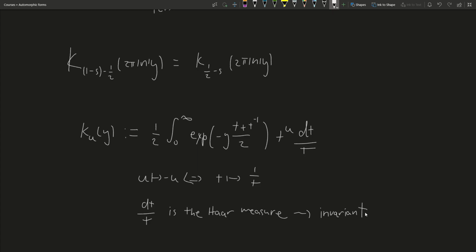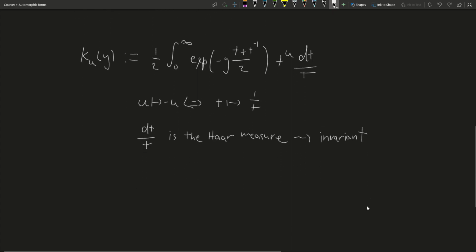And we can just check this directly, right? If we have d/dt of 1 over t, that's minus 1 over t squared.